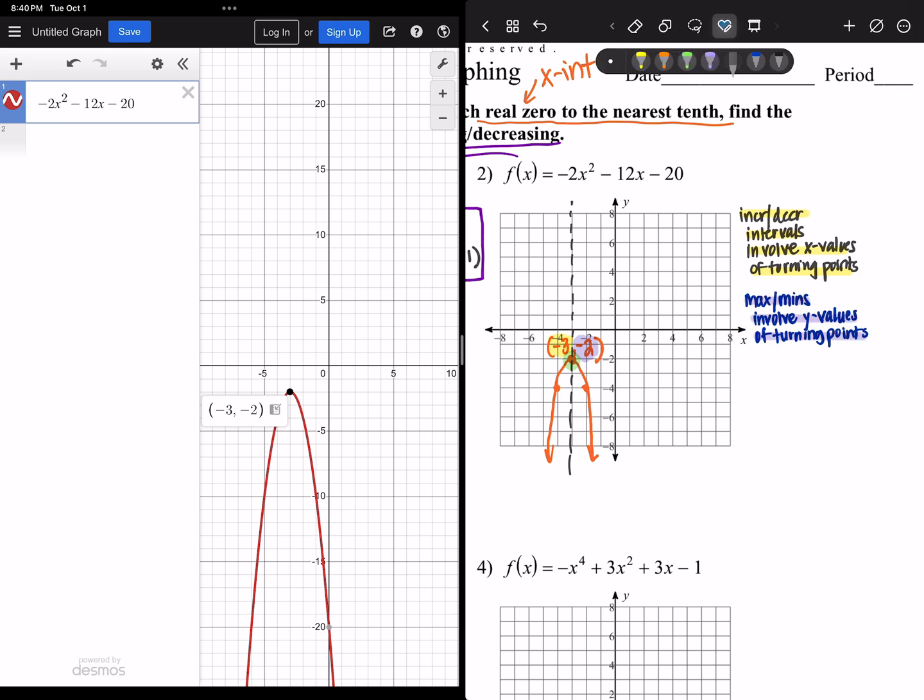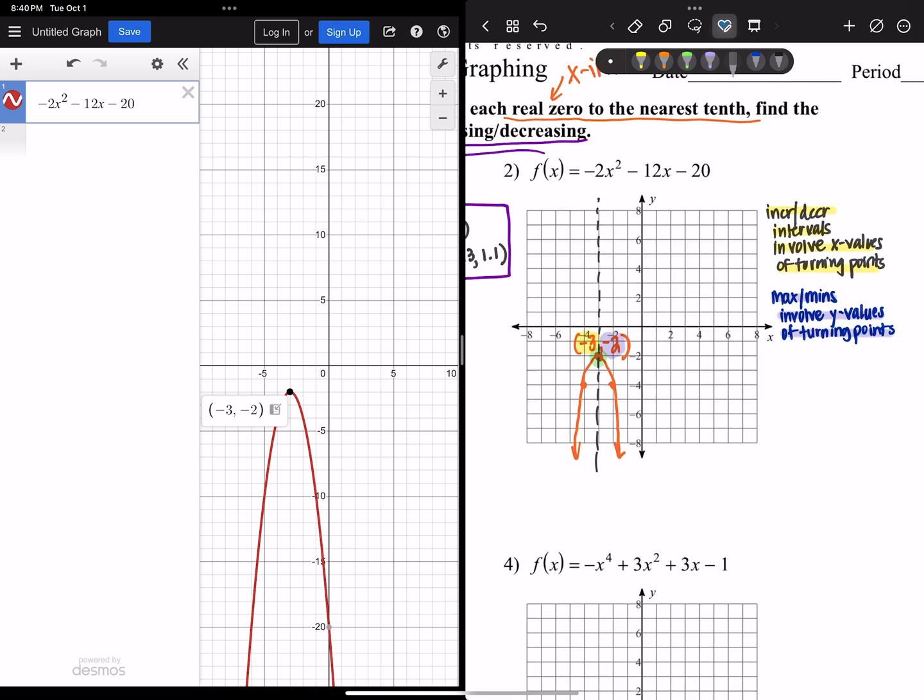Okay. So let's start with the increasing and decreasing. From negative infinity until I get to this x value right here, the graph is increasing. Then from this point on to positive infinity, the graph is decreasing.